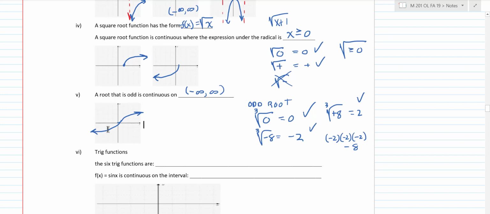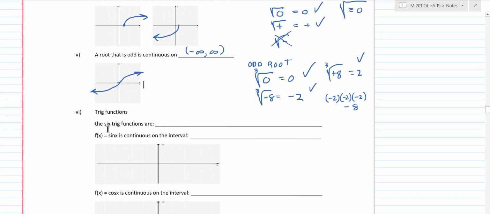Next we've got the trig functions, so we want to talk a little about how they go. The six trig functions are the sine of x and the cosine of x, and those two graphs have the same type of graph, the wave function, like that.